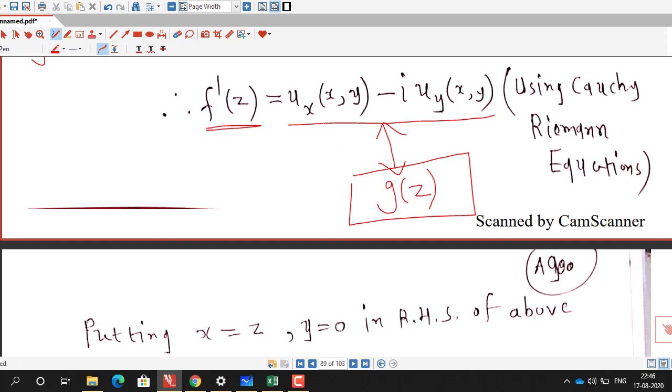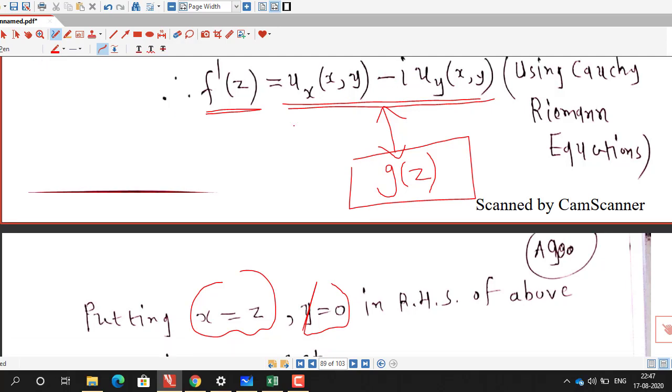So the idea is to put x = z and y = 0 in the right hand side of this equation.